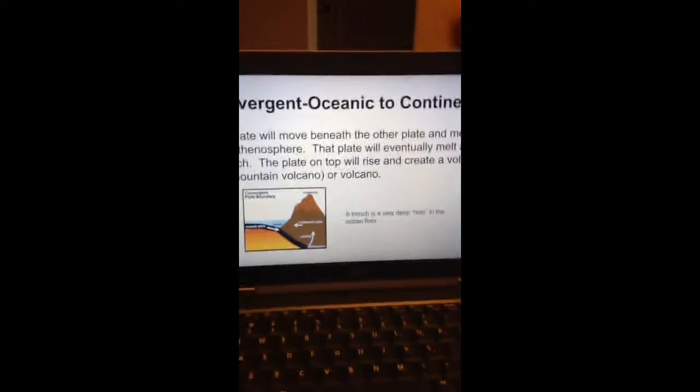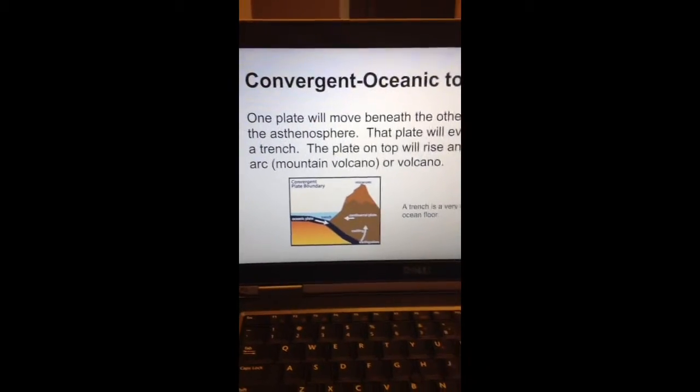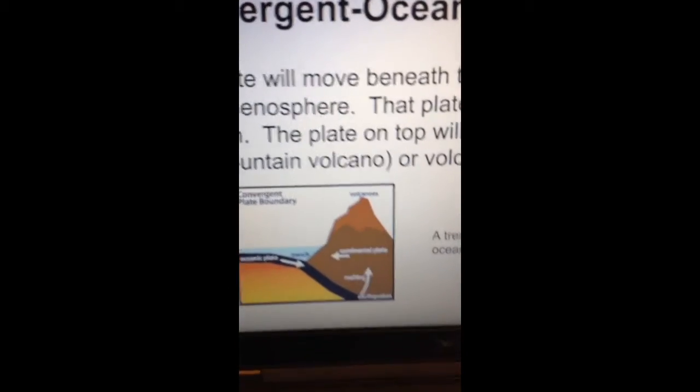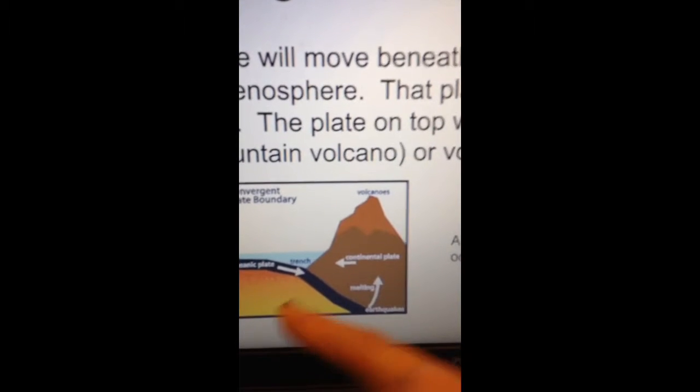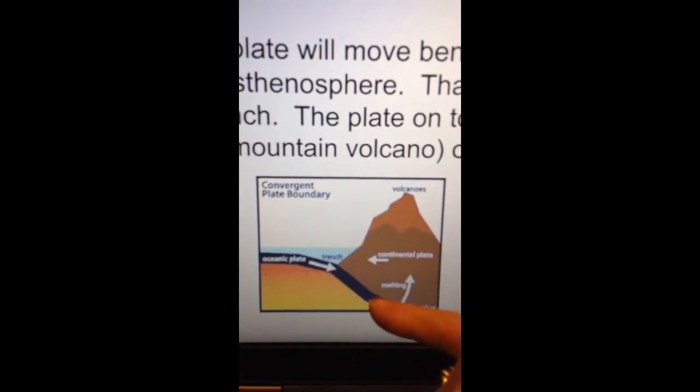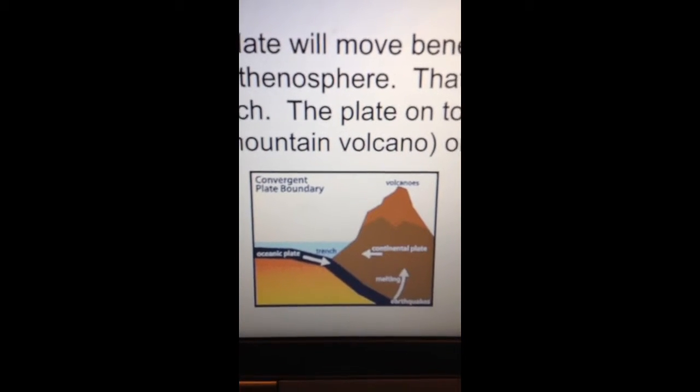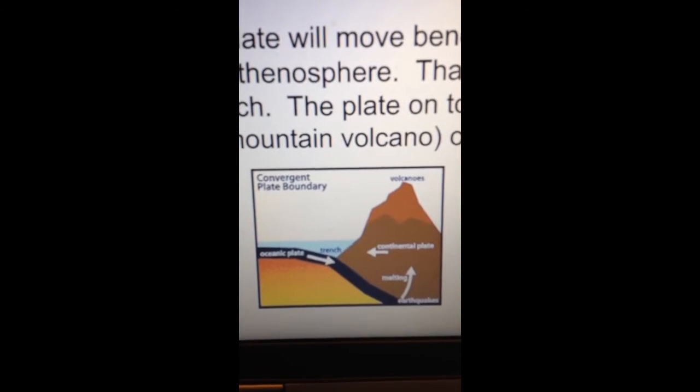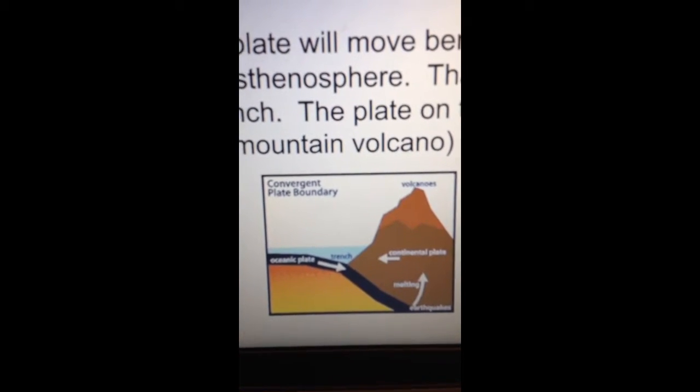So, again, when this occurs, we have subduction. That means the continental plate comes over the oceanic, and what is called a trench is formed. And a trench is a very deep hole in the ocean.